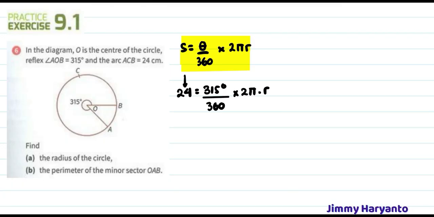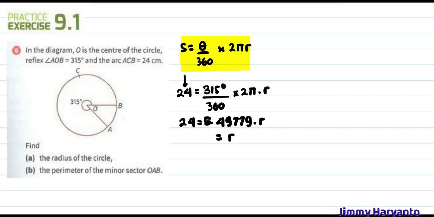Let's calculate 315 divided by 360 times 2 pi. You'll have 24 equals 5.49779 times r. So r equals 24 divided by 5.499, that means 4.37. So this is the radius, and that is the answer for question A.